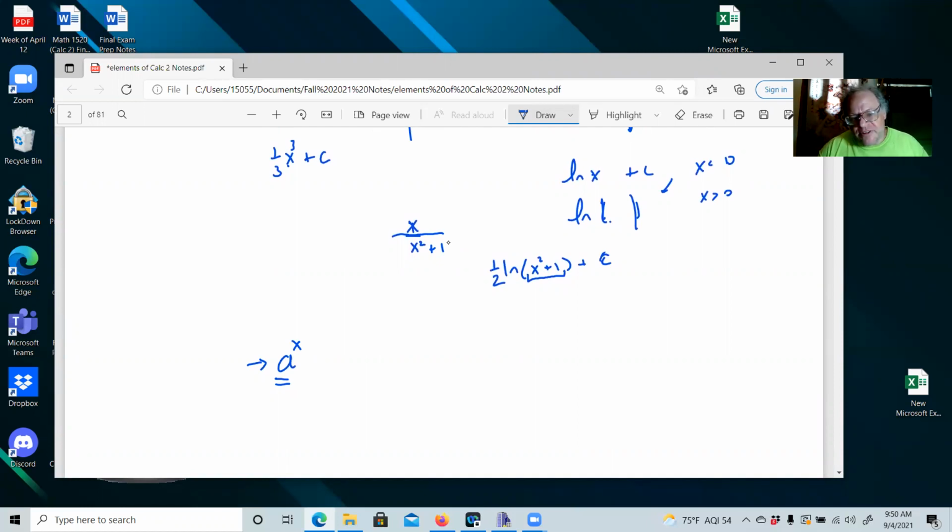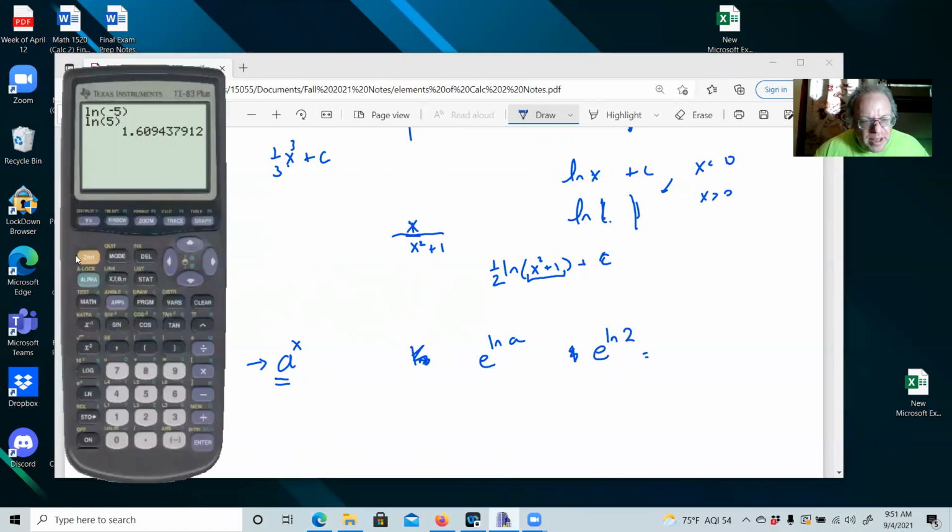So the way I do it is, do you remember that e to the natural log of something, like e to the ln of 2, with the second function being e, right?